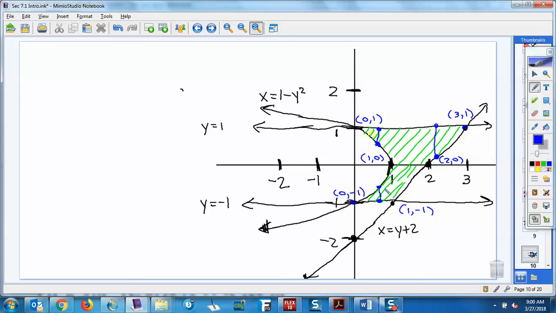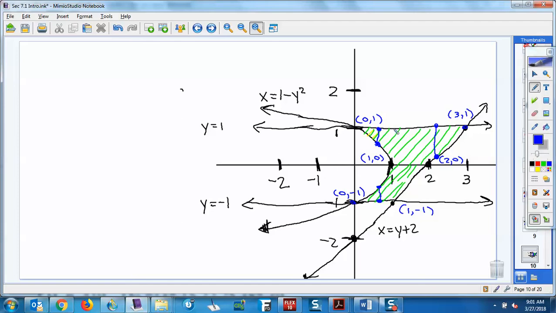And this is what you're going to do in problem number 3. It's a lot of wording, but in problem number 3, they're going to say, find the area of the region bounded below by the x-axis, above by the line y equals 1, on the right by x equals 1, and on the left by the curve x equals 1 minus y squared.